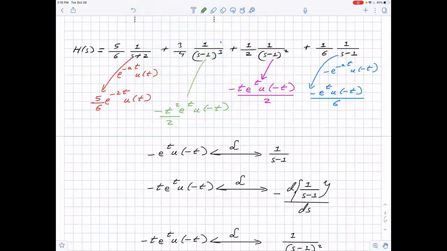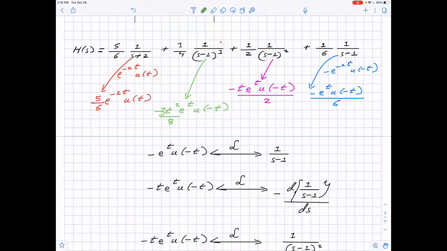So the inverse of this is given by that. And since we have 3/4 in the S domain, we need to have that 3/4 in the time domain as well. So we get negative 3t squared and 2 times 4 in the denominator, which will be 8.